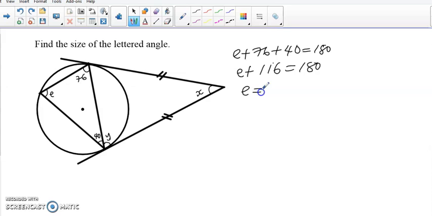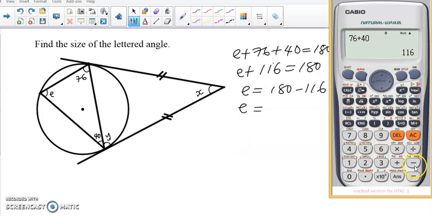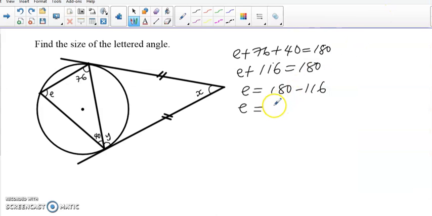Subtract 116 from both sides. We have 180 minus 116. Okay, 180 minus 116, that gives us 64. So E is 64.